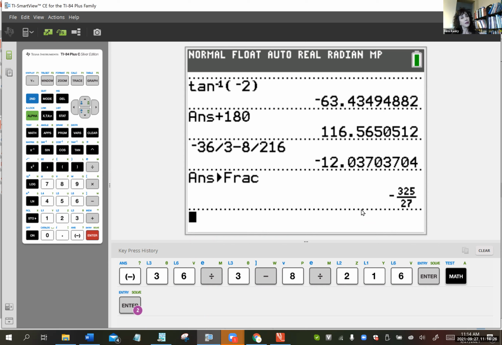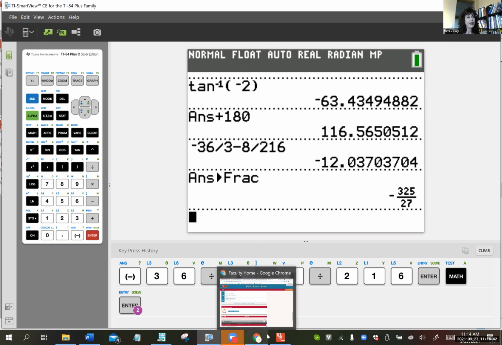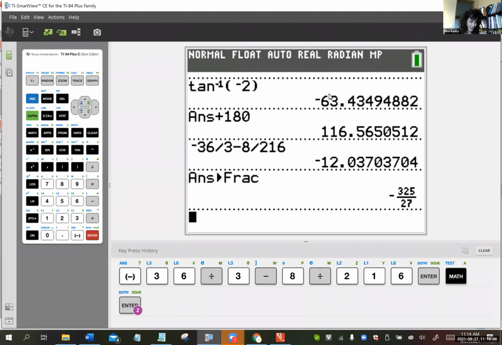No, that's an approximation. That's not exact. I know there's some TI calculators out there, unfortunately, that give the closest fraction to an irrational number, and I wish they wouldn't, because I will mark you wrong. That's not cool. Definitely not cool.